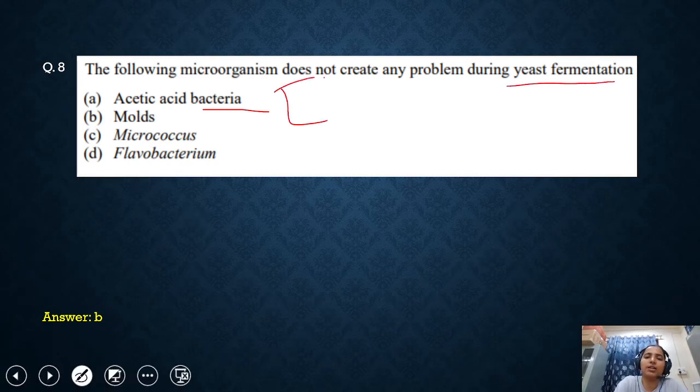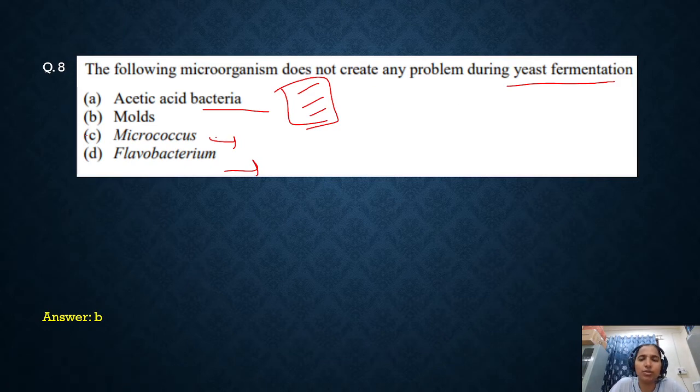Then micrococcus, and similarly flavobacterium, are also bacteria that occur as contamination. For yeast fermentation, molds are the ones that do not create any problem. So for this question the answer is B, molds are the ones that do not create any issue in yeast fermentation.